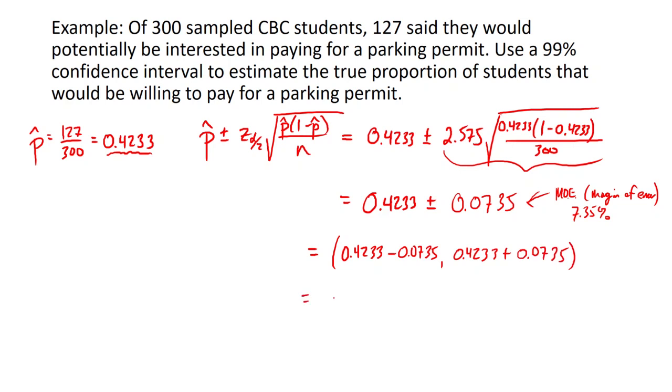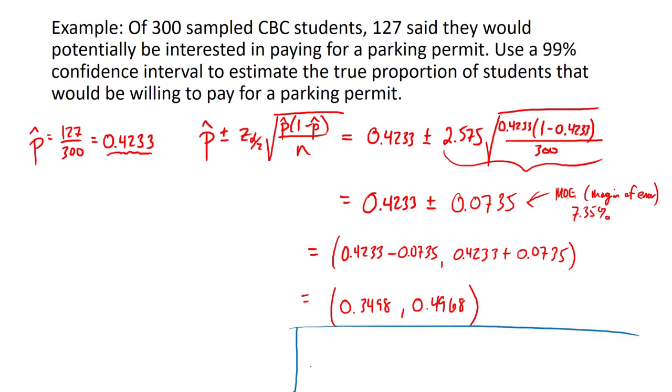And then what are our two boundaries in this one? 0.3498 through 0.4968. Yeah. And that's in comparison to before, when it was, what was it, 0.3674 up to 0.4792.